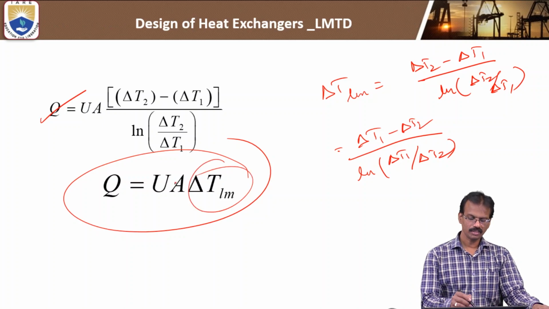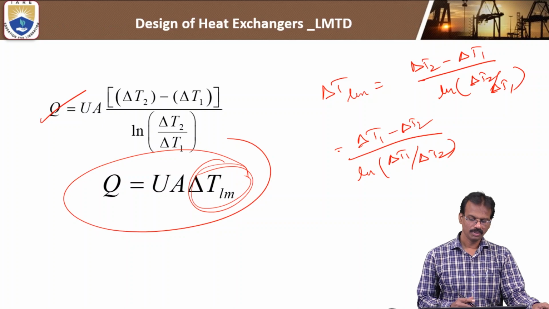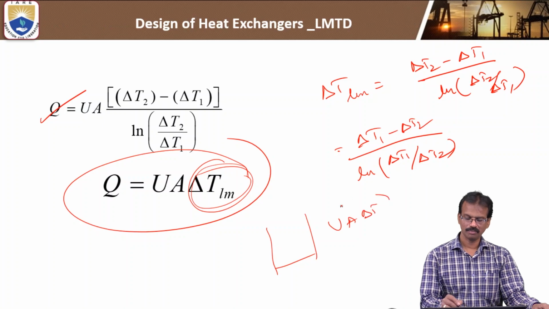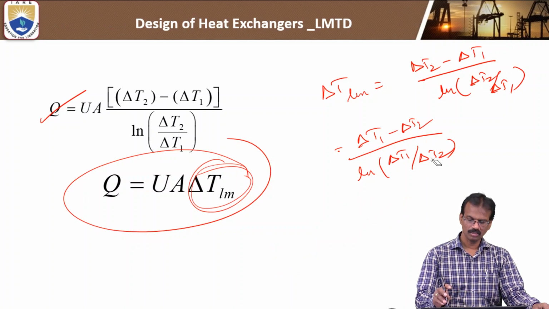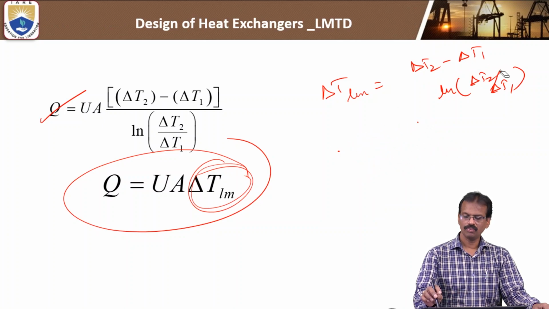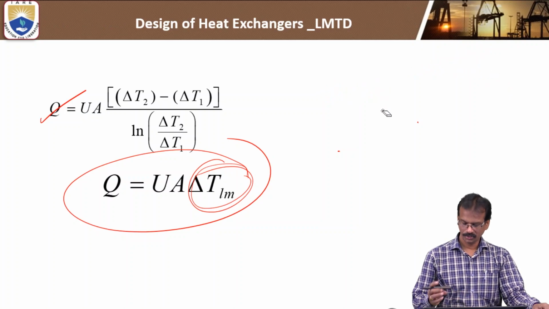For heat exchangers, we use this formula, delta TLM, the logarithmic mean, because temperature varies. But in the case of a homogeneous body and cylindrical objects, we will take directly UA into delta T, the temperature difference. So this is the formula for the rate of heat transfer in a parallel flow heat exchanger by using the LMTD method. This is the derivation.